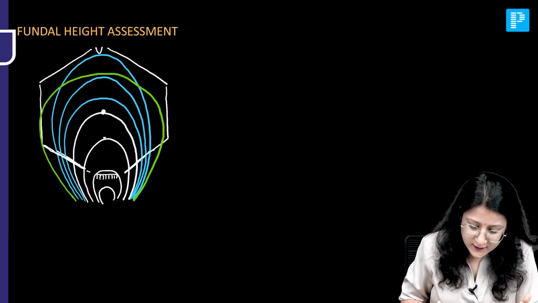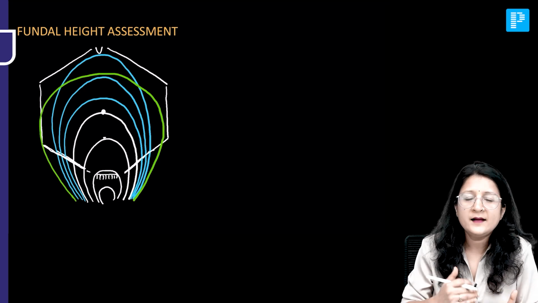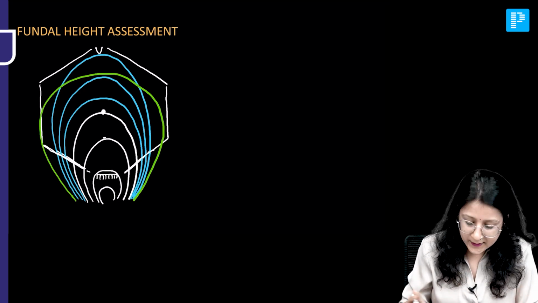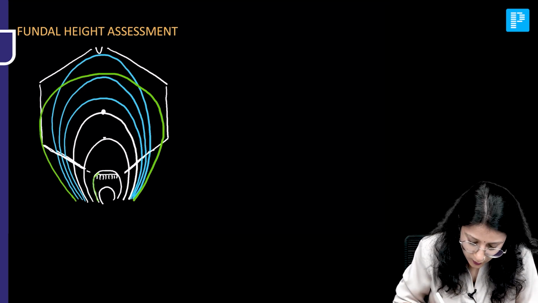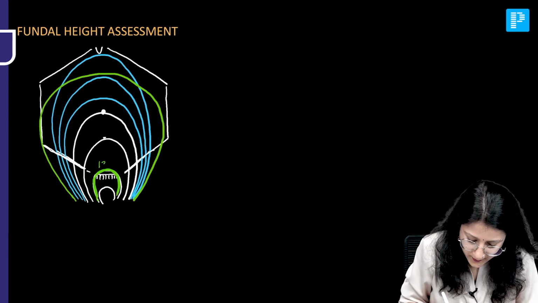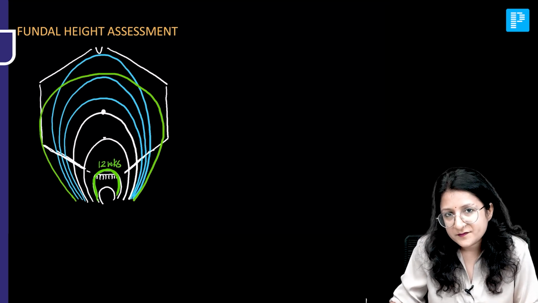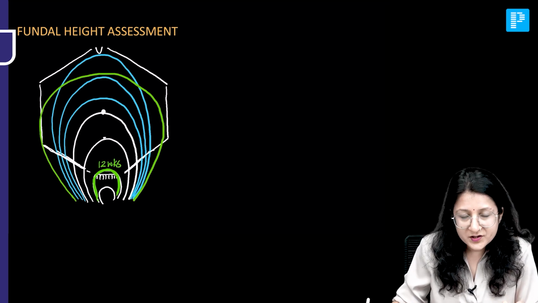The uterus is a pelvic organ initially, and as it enlarges, it becomes an abdominal organ. You can see here that the uterus becomes palpable just above the pubic symphysis at around 12 weeks of gestation.